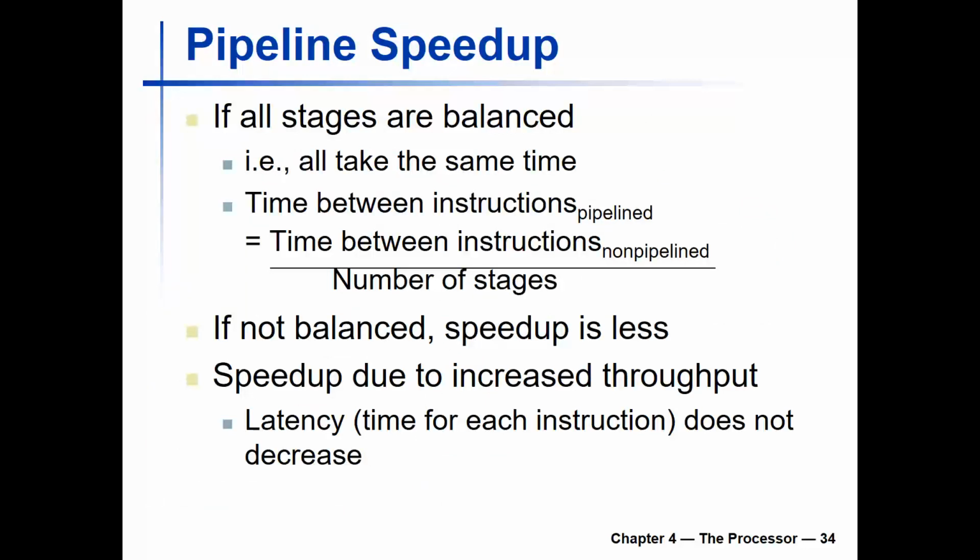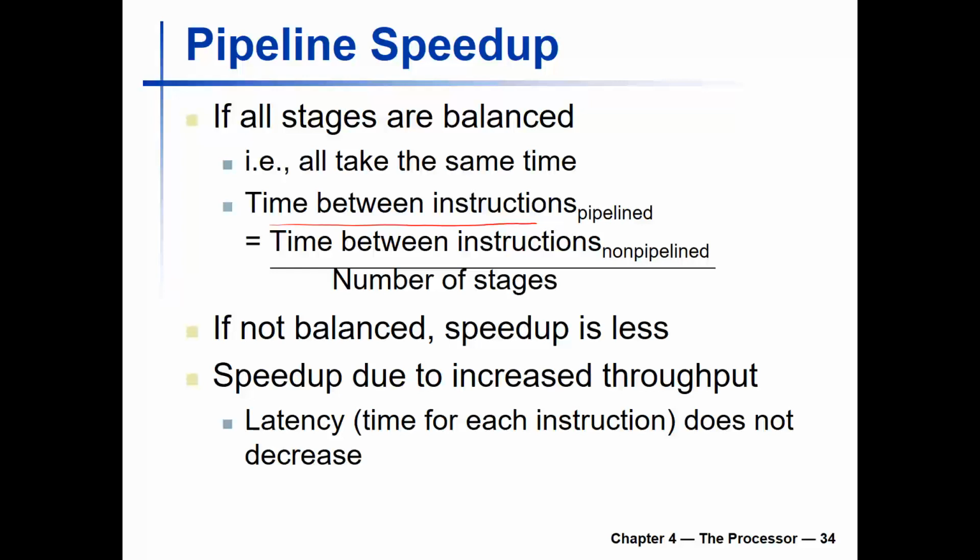As I said, the pipeline speed up is equal to the number of stages. Now, the question is what's the time between the instructions in the pipeline? It is the time between the instructions in the non-pipelined processor divided by the number of stages.